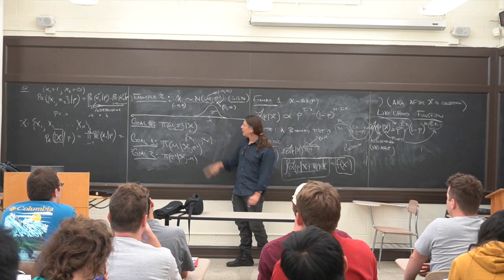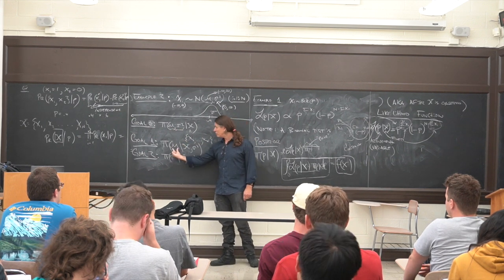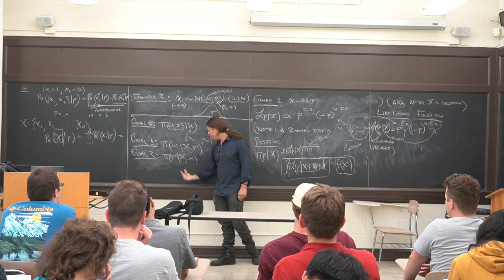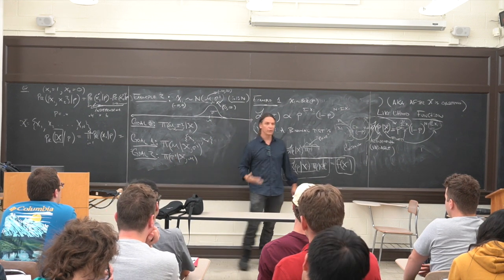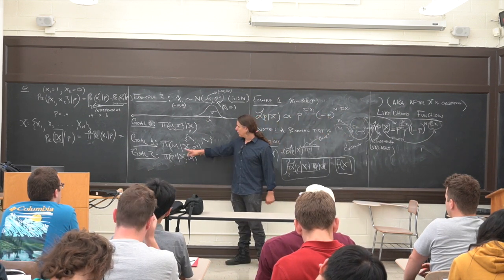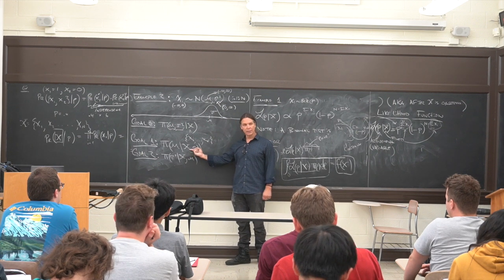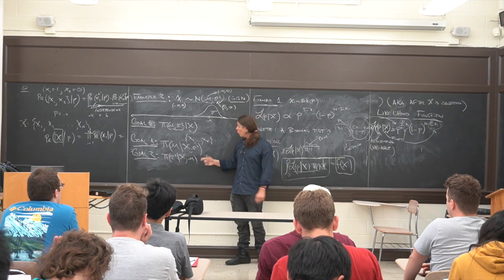So for this one, I'm going to need a prior on that space. For this distribution, I just need a prior on mu. And for this distribution, I just need a prior on sigma squared. So the notation helps us to understand where we place the prior. Most people will not be so polite and tell you what's fixed in here. So you need to look at what they're wiggling around to know.